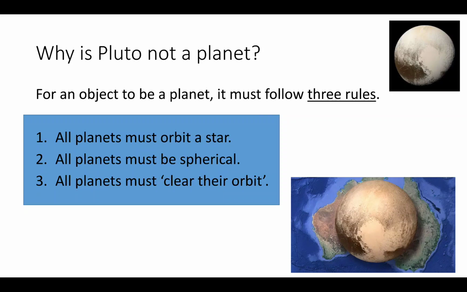And the planet must clear its own orbit. So that means that any debris near it should have been absorbed into the planet's mass at some point in time. And Pluto just didn't do that. Pluto does orbit a star. It is spherical, but it's not cleared its orbit. There's a lot of stuff knocking around Pluto, and it's been demoted, rightly so, into a dwarf planet.